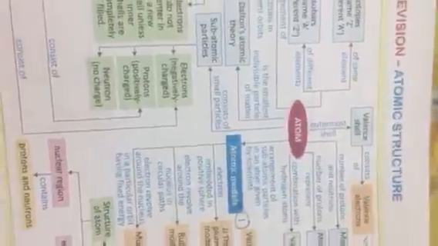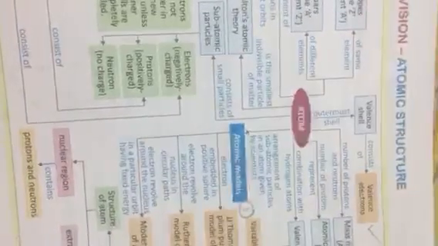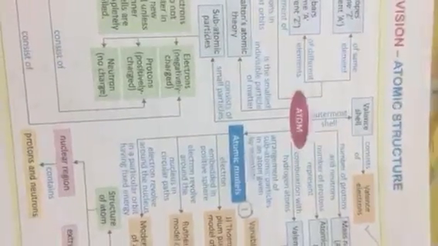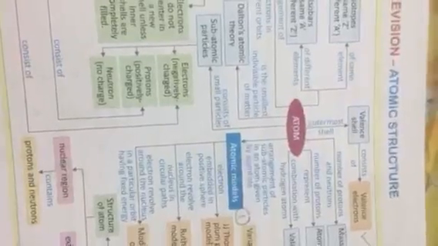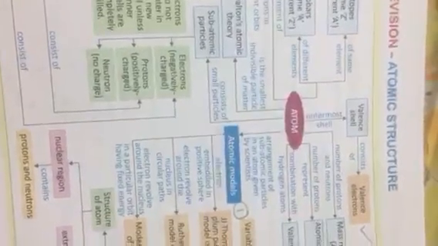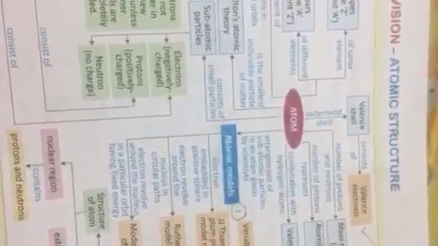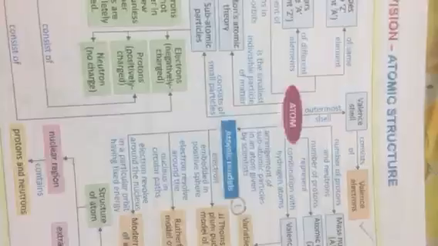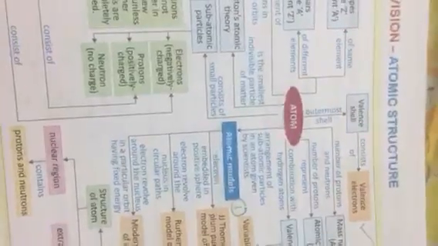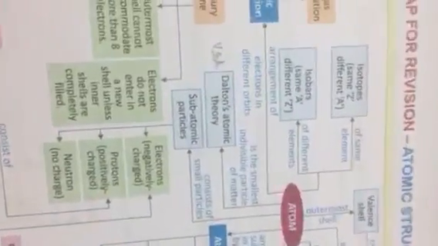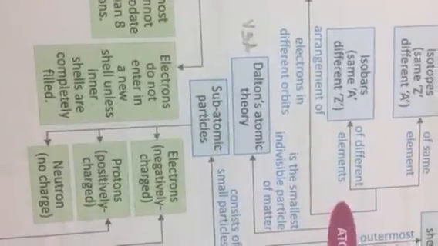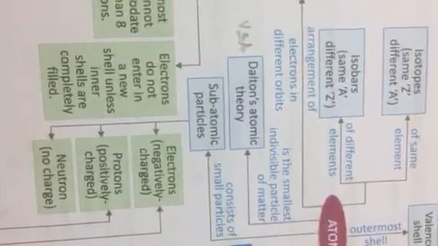Okay, there are crowded indication points in the concept map, but you go step by step. First you concentrate on atom. Atom is the smallest particle of matter. That is the definition given by Dalton's atomic theory.